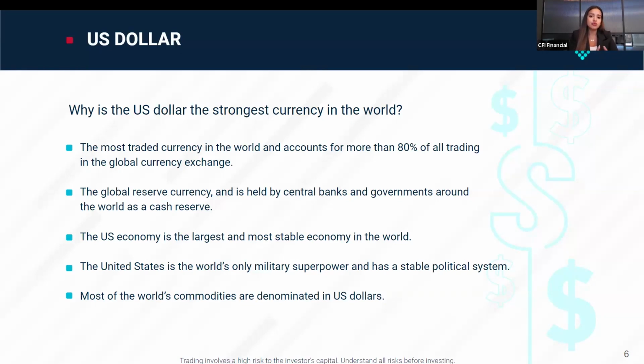So basically, we have to know the path of the US dollar in order to know the path of the rest of the financial instruments, for example euro, pound, US oil, gold and silver, and many others. As we just mentioned, it is the most traded currency in the world, and 80% of all global currency trading involves the US dollar.